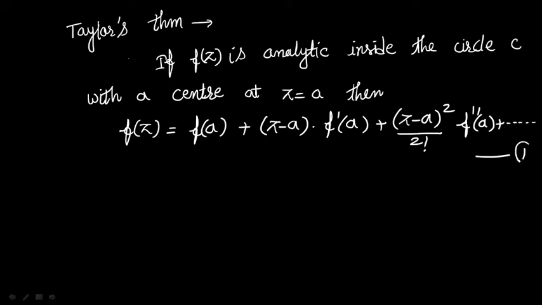We call this equation number 1. This is the expansion of Taylor's theorem. This Taylor's theorem contains the positive powers of z minus a.